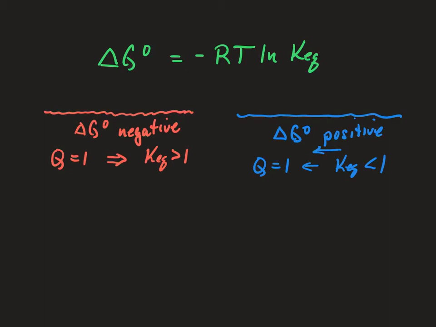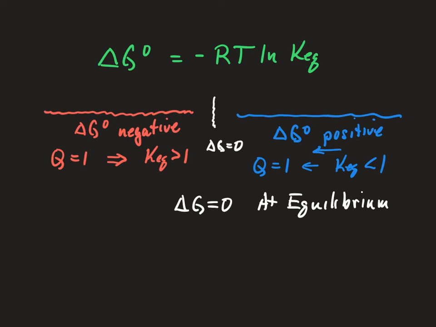Now, remember when we did the problem before, we said the transition between is that delta G equals 0, right? And so how do we deal with that question, right? So at this point, we have figured out that when delta G equals 0, the system is at equilibrium, right?